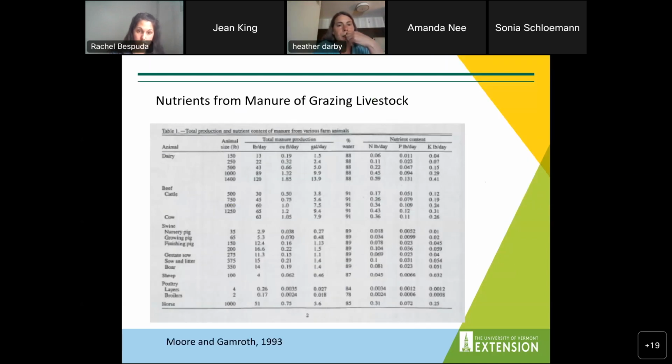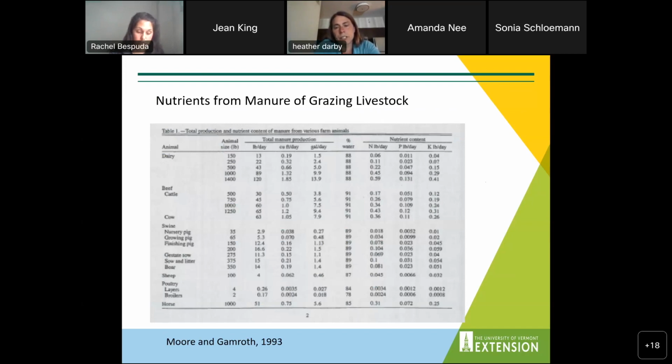This is a really old extension publication that I use and I love it. And I'll send it to you, Rachel, so you have it and can distribute it. But this really just shows different types of livestock, different sizes as well, total manure production per day, and the nutrient content in pounds of nitrogen, phosphorus, potassium per day, okay?